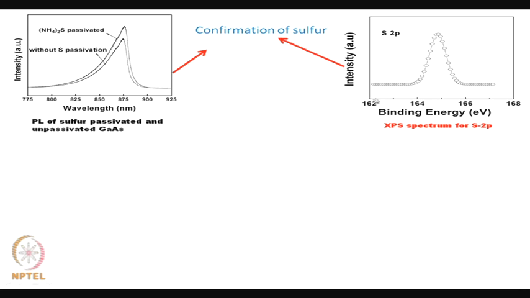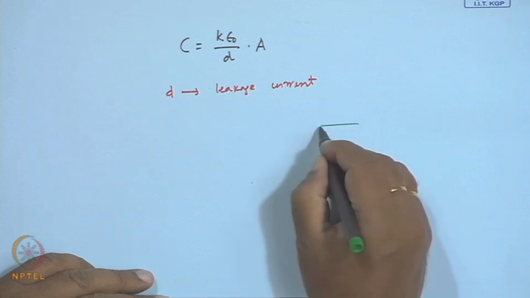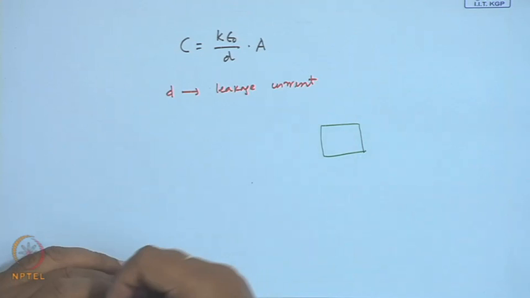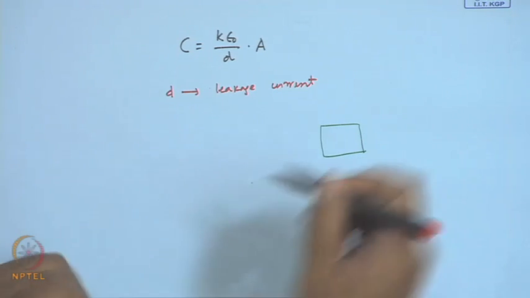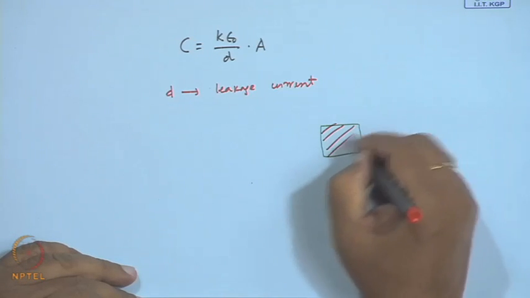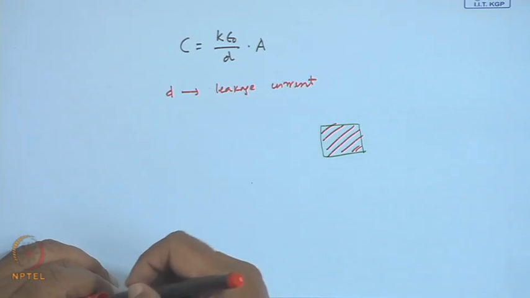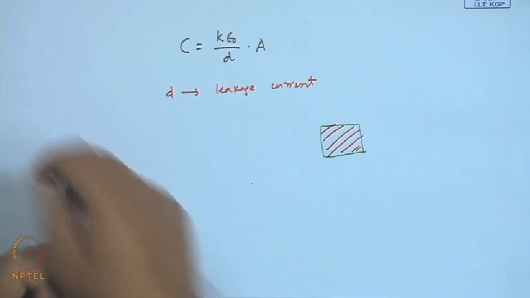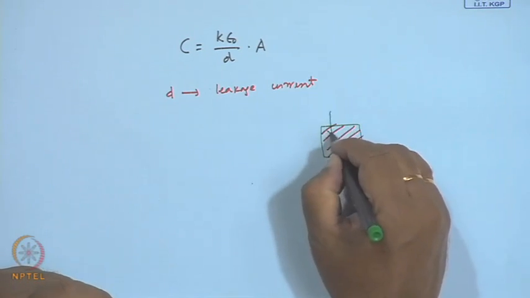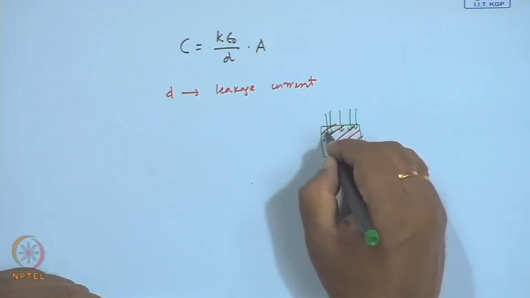Now, with this, suppose you take a gallium arsenide wafer on which you make some sulfur treatment, then after treatment you deposit the oxides.